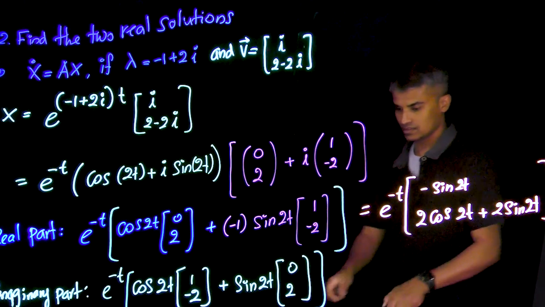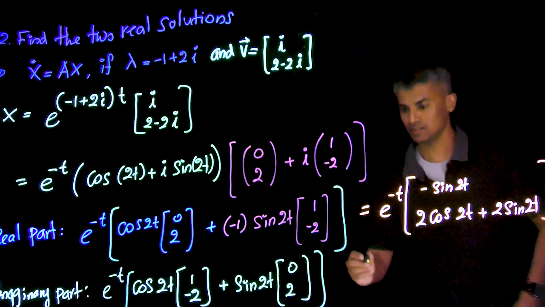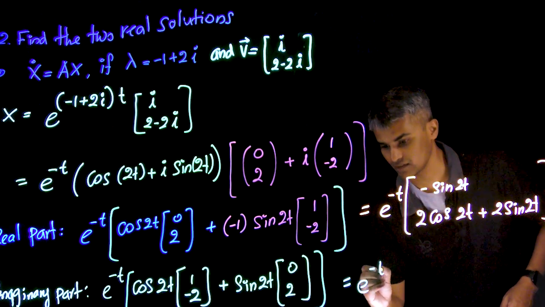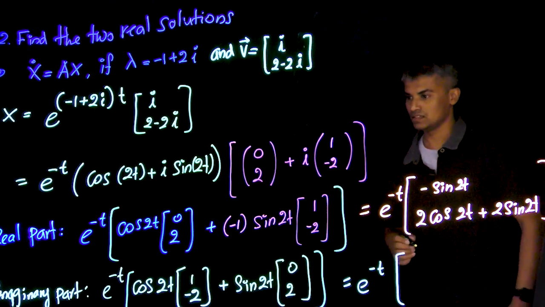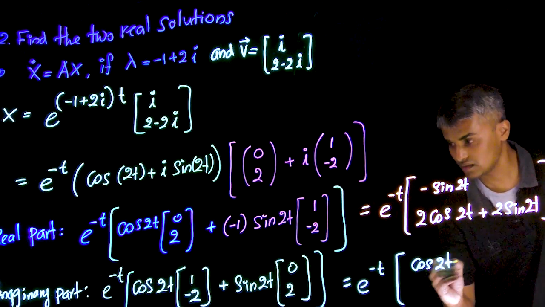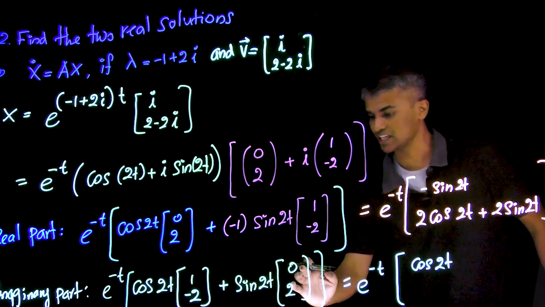Okay, and then from this you should get e to the negative t times cosine 2t plus sine 2t times 0.